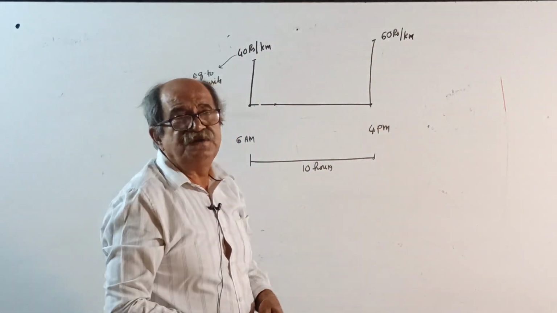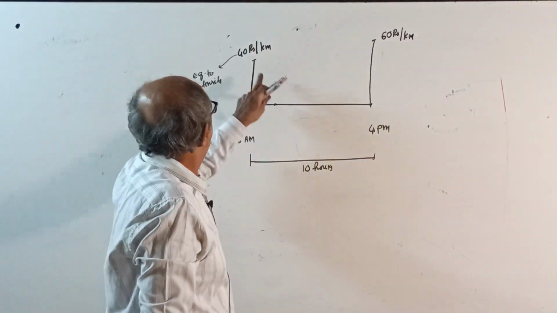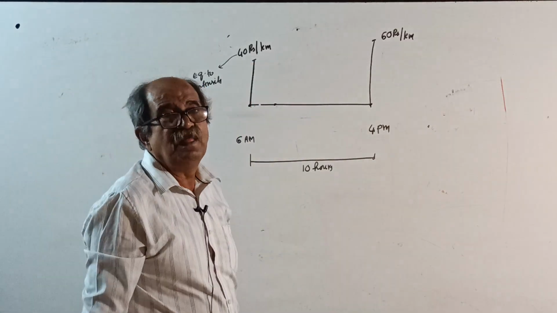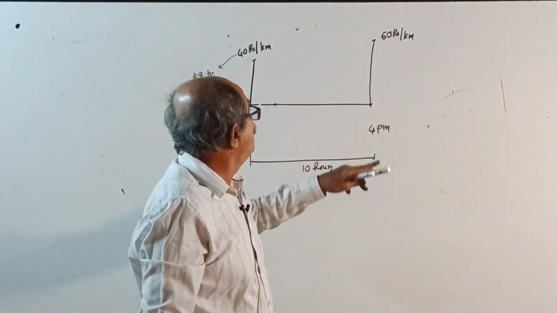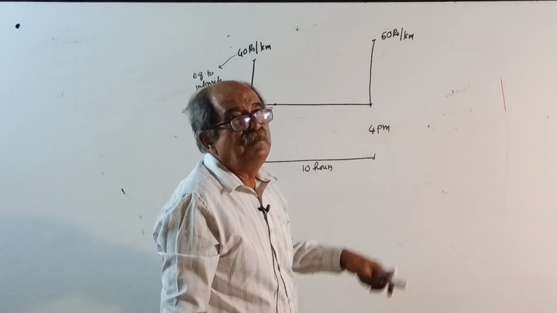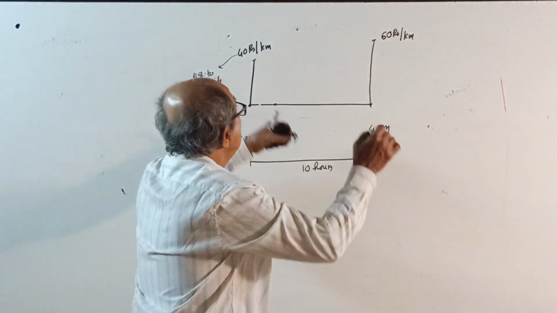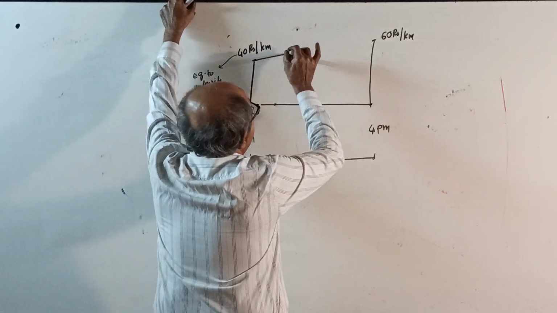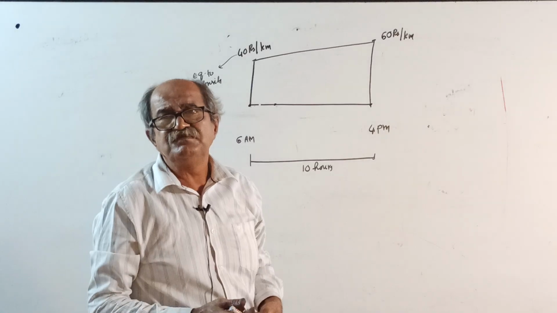Imagine a very luxury taxi. Sir, our cost is computerized. As time goes by, at 4 p.m. it is 60 rupees per kilometer. And they told, sir, linear variation. It is linearly varying.